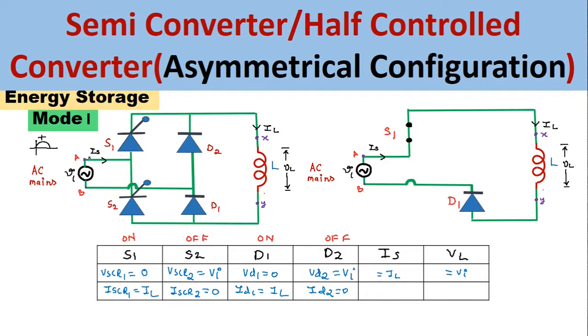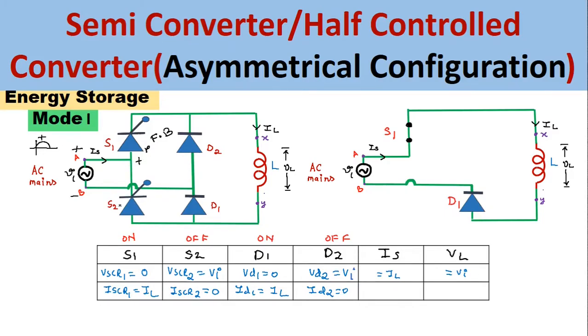The first mode of operation occurs during the positive half cycle of the AC input signal. During the positive half cycle, point A of the AC mains becomes positive and point P becomes negative, due to which this positive goes to the P side of SCR S1. So S1 goes into the forward bias condition.